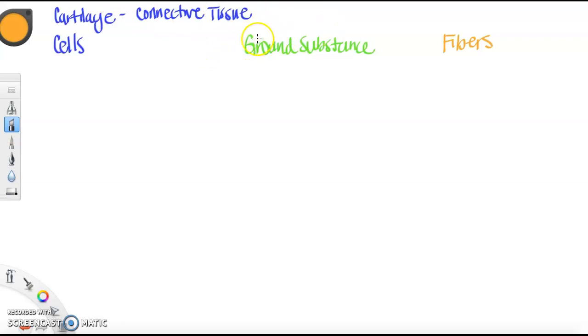And keep in mind that the ground substance plus the fibers is the matrix.